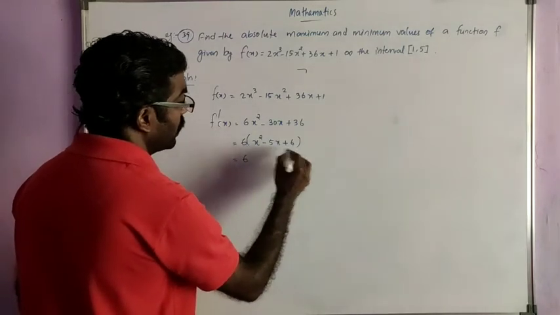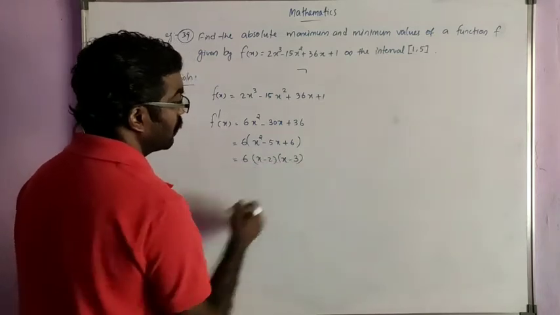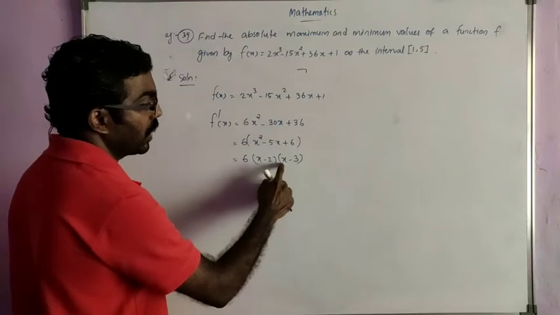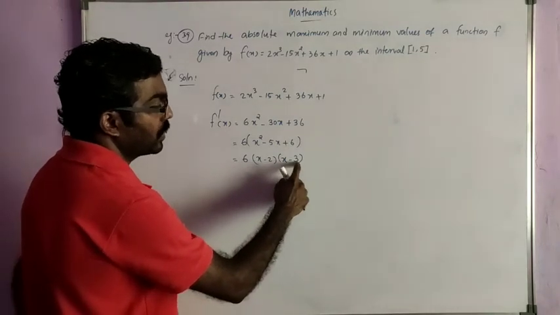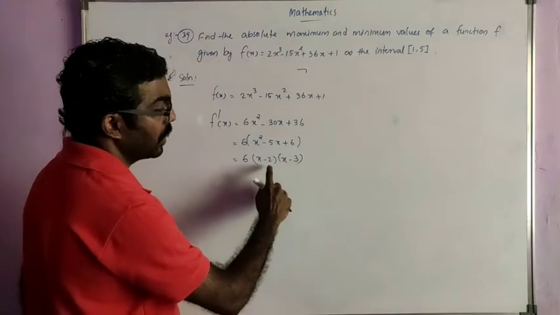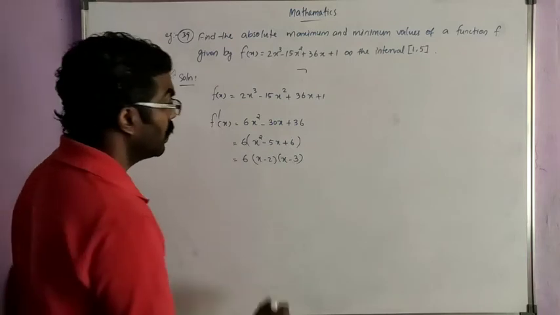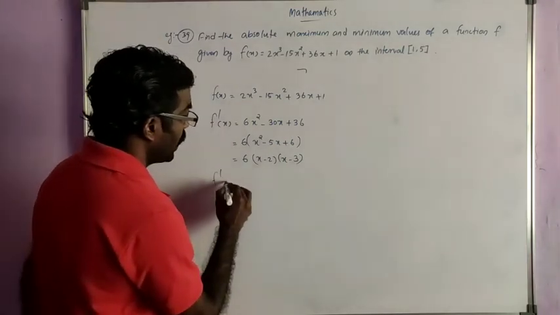So we can factorize this one: x minus 2 into x minus 3. Here x square minus the sum of the roots, 2 plus 3 is 5, times x, plus the product, minus 2 into minus 3, which is plus 6. Clear? Now we can find the critical points.